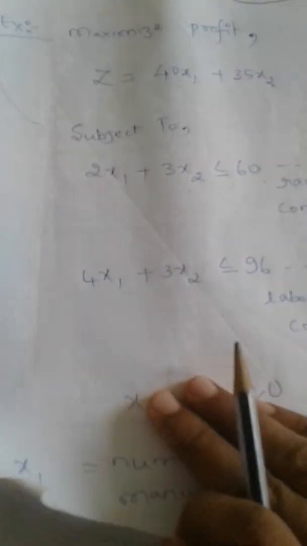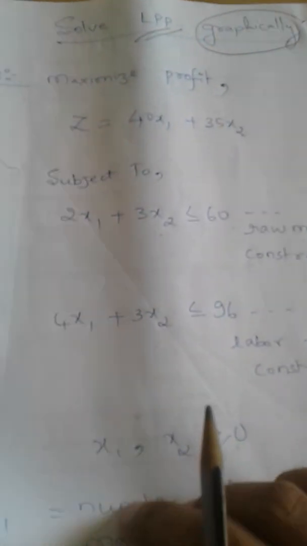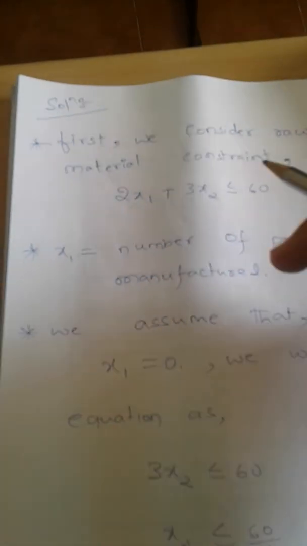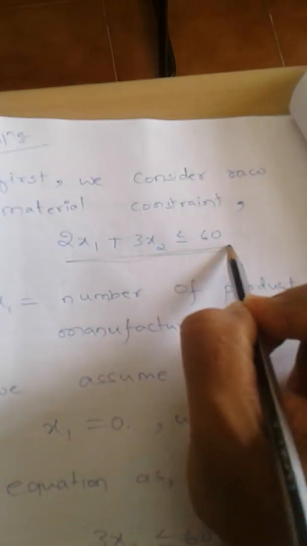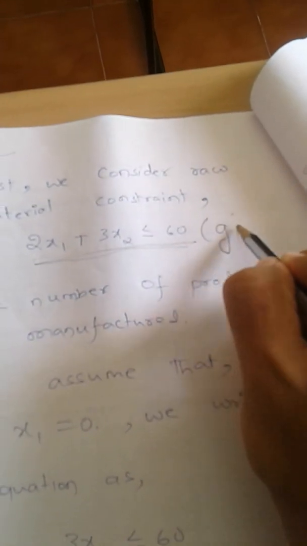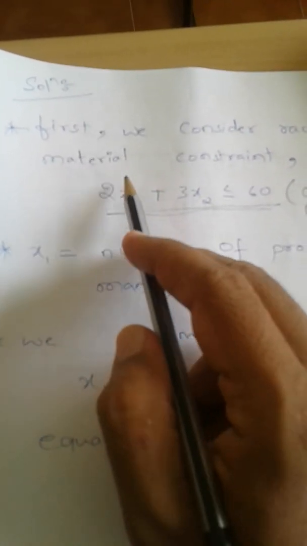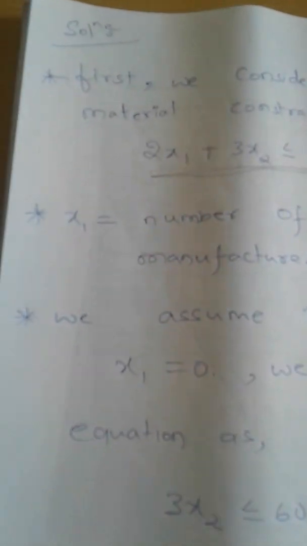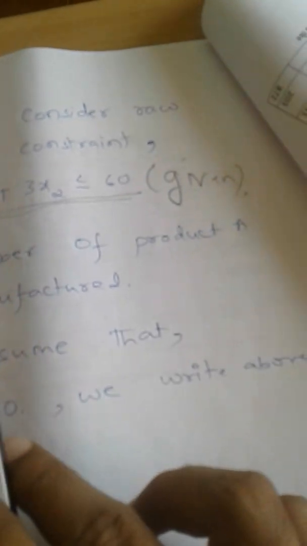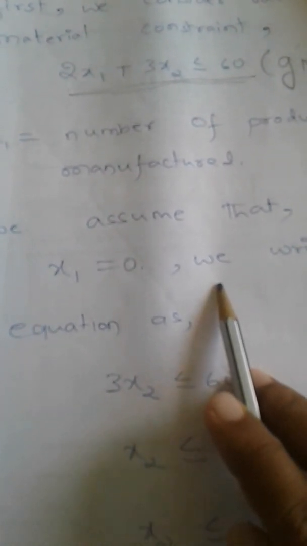I will now indicate how to determine the total number of product A and product B using the graphical method. First we will consider the first equation, 2x1 plus 3x2 smaller than or equal to 60, which is given in the question. What we are first assuming is that the company will not manufacture any product A. x1 is the total number of product A manufactured, so we assume x1 is 0.